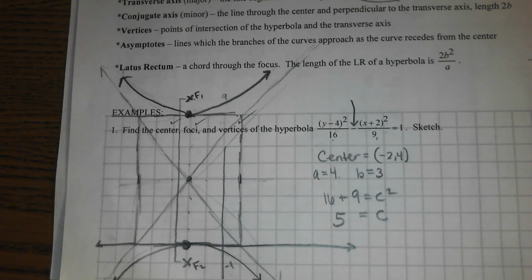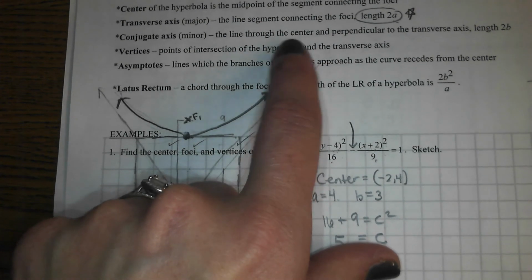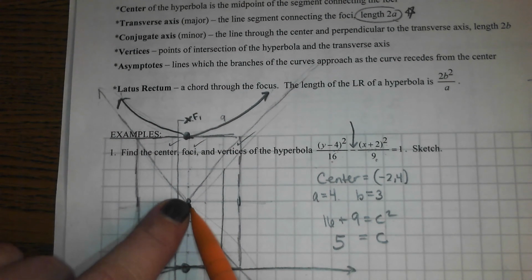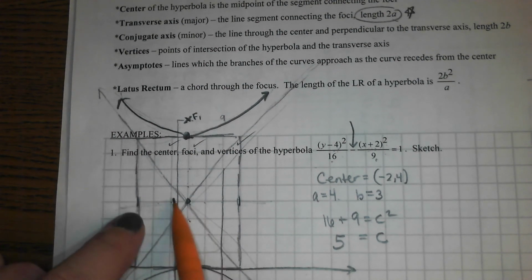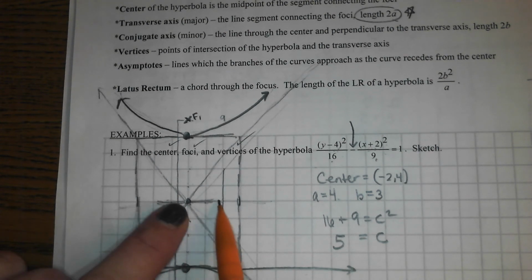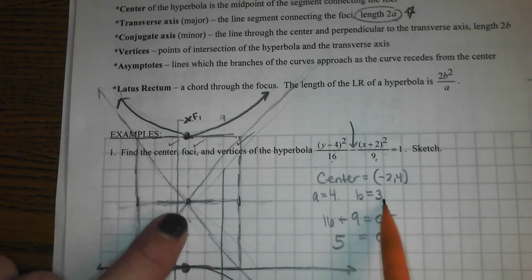The conjugate axis is the minor axis, the line through the center, so here's our center, and perpendicular to the transverse axis, so here. And it has a length of whatever double b is, which I would say is 1, 2, 3, 4, 5, 6. So a length of 6, which is double b. Yes? So that one works out.